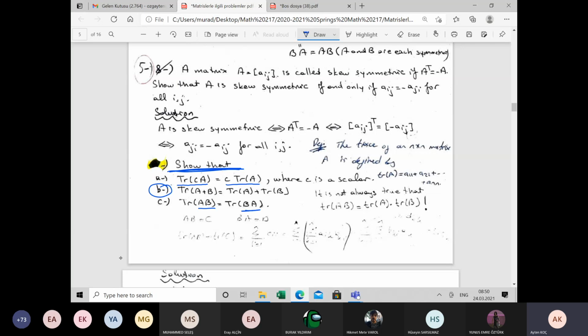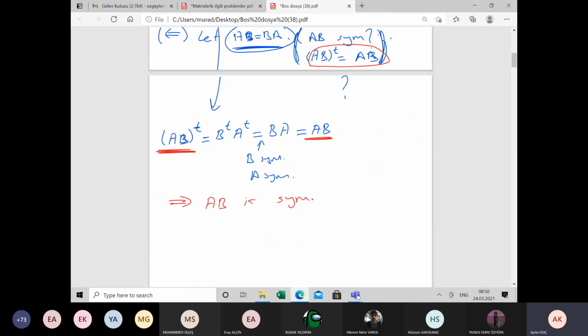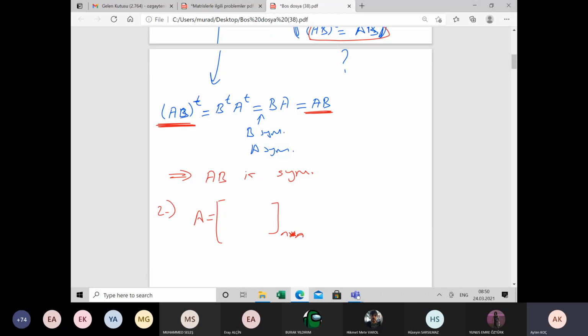What is the trace? This is the second problem. We take an n by n matrix, because the trace is defined only for n by n square matrices.